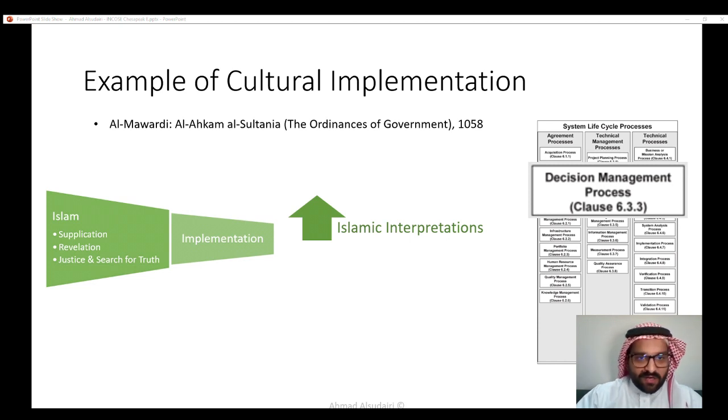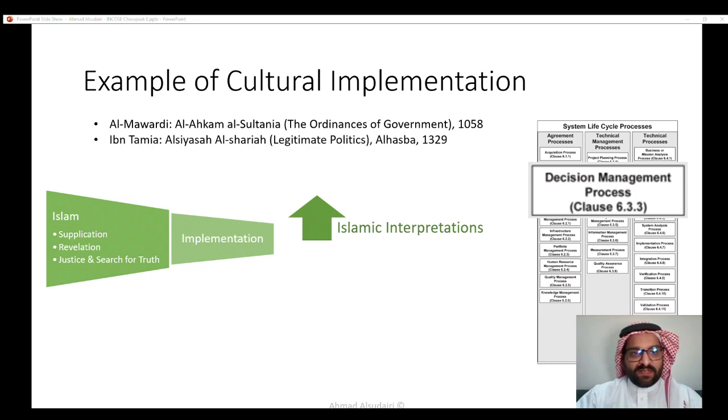Like Al-Mawardi, an Islamic scholar in the early 1000s. He passed away in 1058, and his book Al-Ahkam al-Sultaniyya, the Ordinance of Government, contained a lot of guidance on how to do shura in Islam.